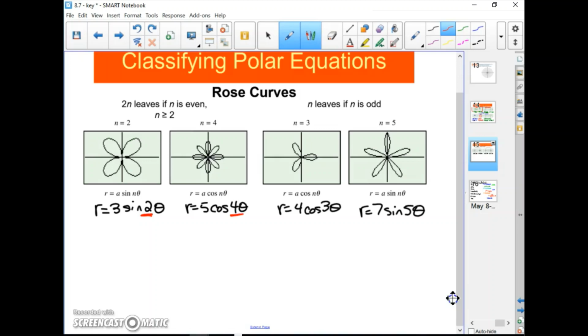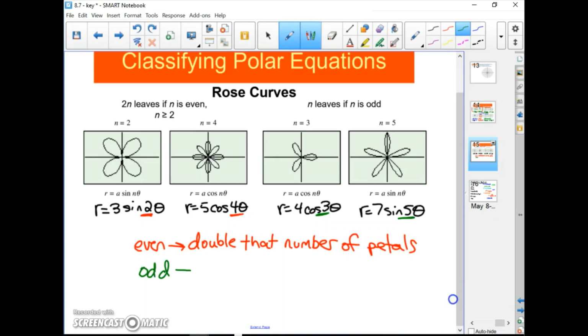If this number is even, we're going to have double that number of rose petals. However, if that number in front of the theta is odd, it's just going to be that number of petals.